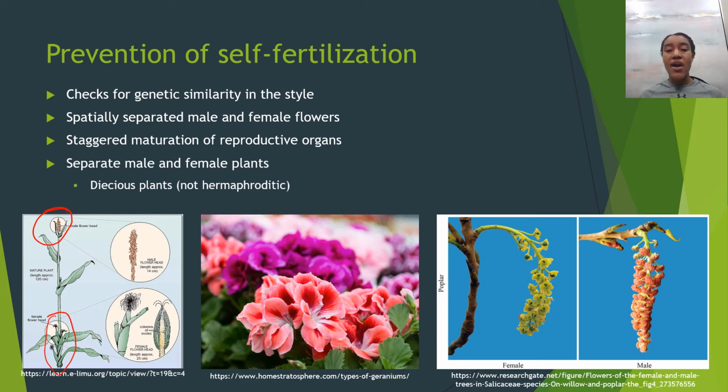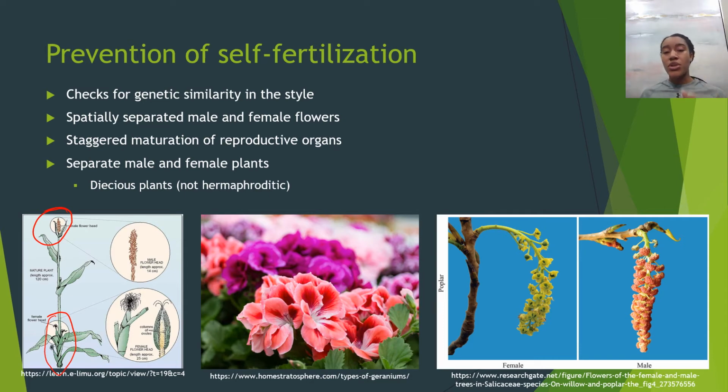And then you can also have plants like willows that have male and female reproductive structures on separate plants altogether. And so these are an example of a plant that would not be hermaphroditic. They would be dioecious, which is the term when you have male and female reproductive structures on two separate plants. So in the cases of geraniums and corn, they are hermaphroditic, they're monoecious.